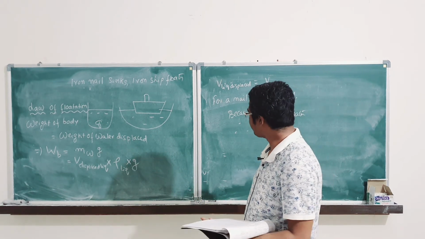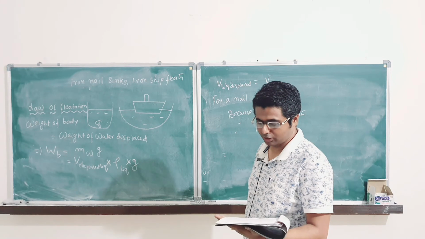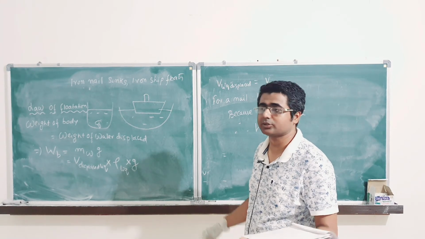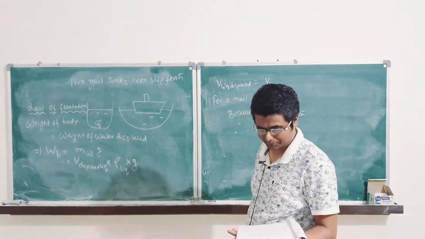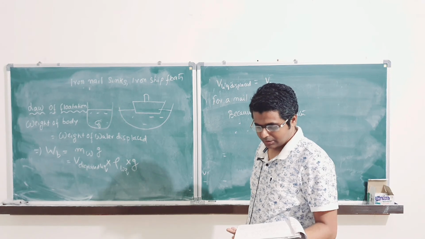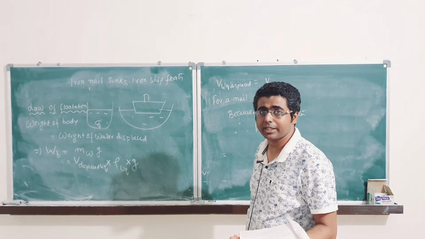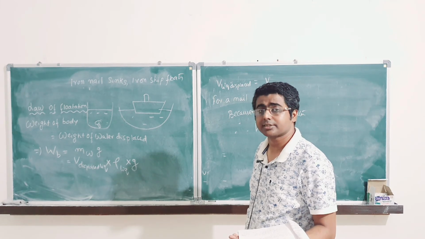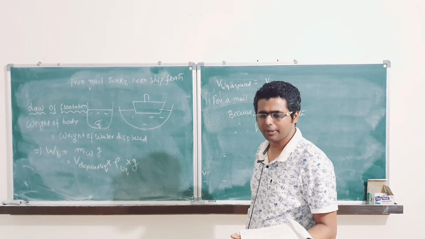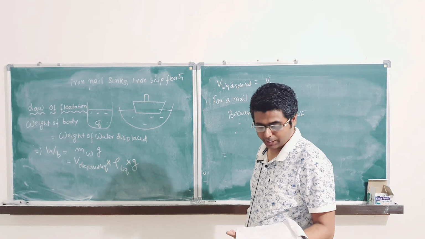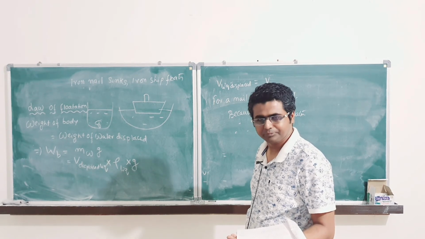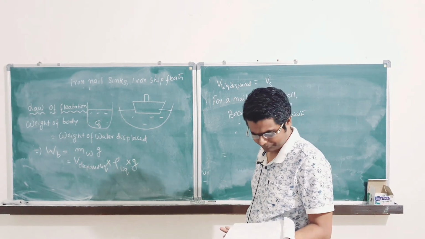For a ship, number 1, it has a lot of hollow space, making the overall density small. Number 2, write its volume is big. वॉल्यूम बहुत बड़ा होता है ना शिप का.